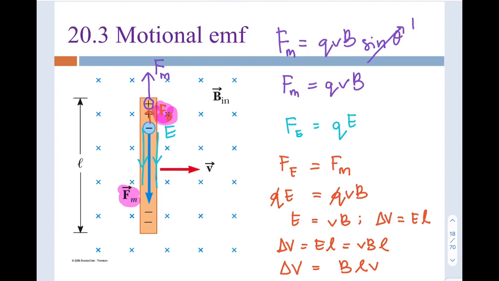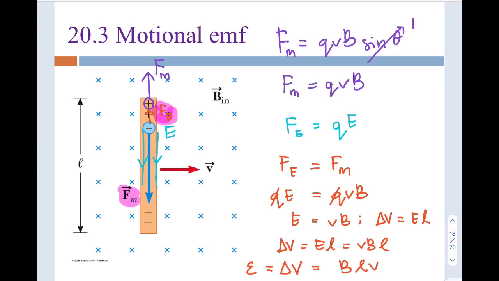So the EMF here can also be written with this symbol, equivalent to BLV, produced due to the motion of this conducting bar within an external B into the page for this situation.